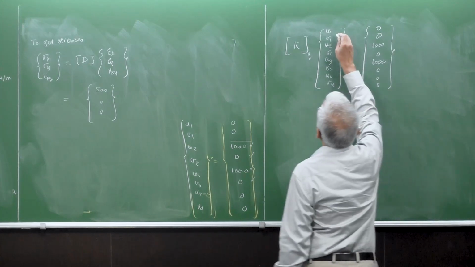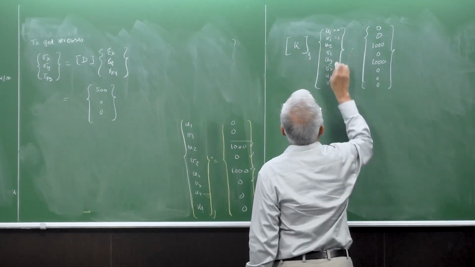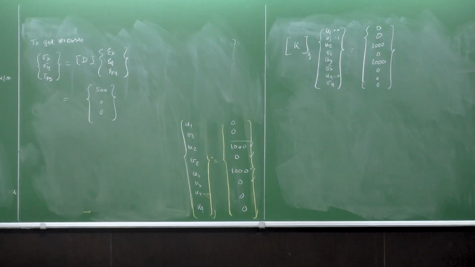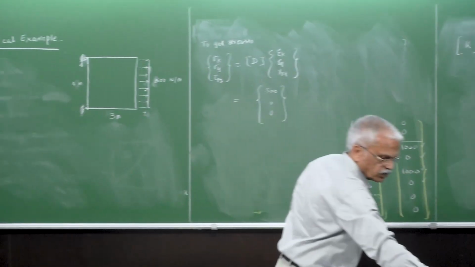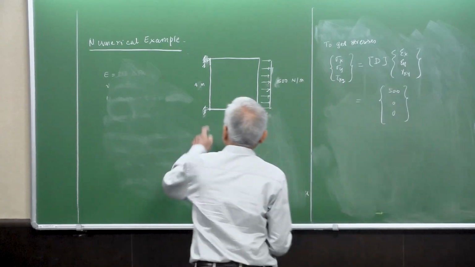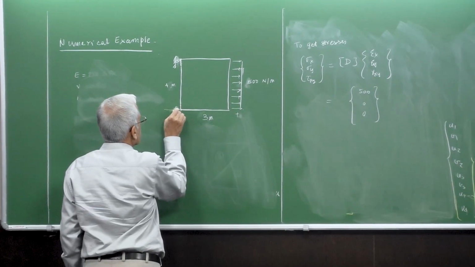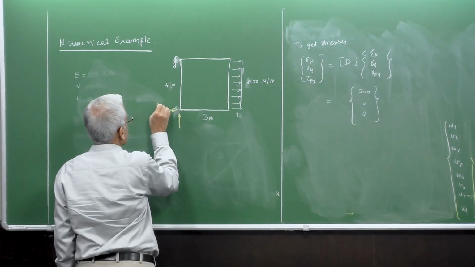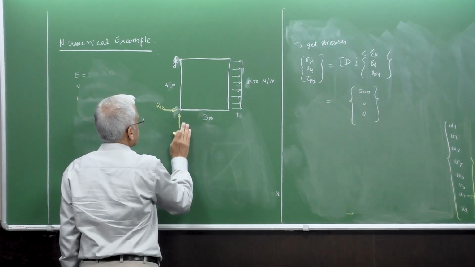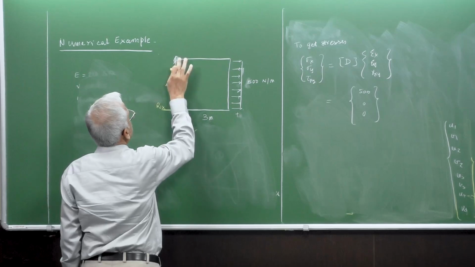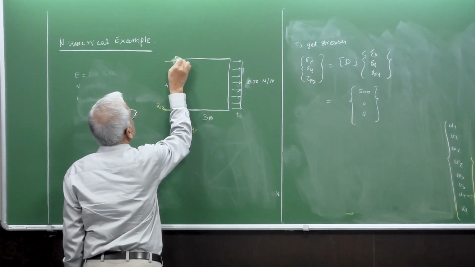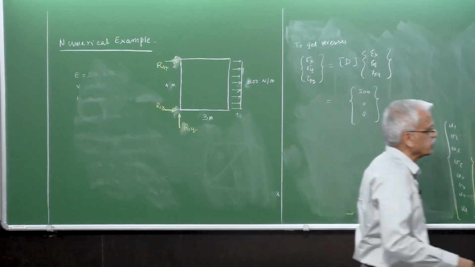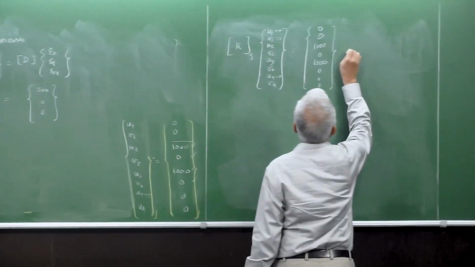So one is that these are given, but apart from that, we also know in reality that these nodes, at 1 for example, also have certain reactions, R1x, R1y, and similarly here R4x. In fact, these are reactions. If you want, we can also put them here.